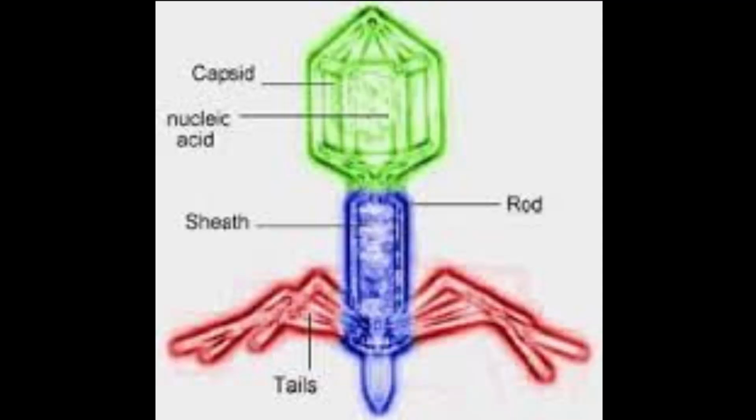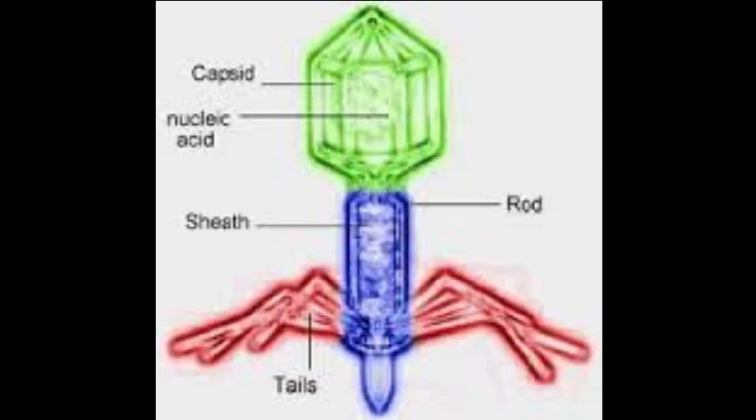It is a representative diagram of what is called a T4 phage virus that infects the E. coli cell, Escherichia coli, which infects the gut of mammals and most living animals in nature. This is specific only for a certain type of E. coli. Not all E. coli, just certain types.